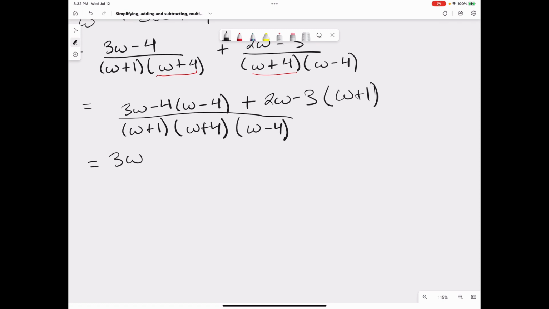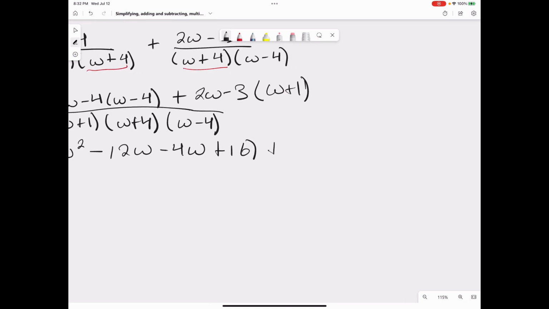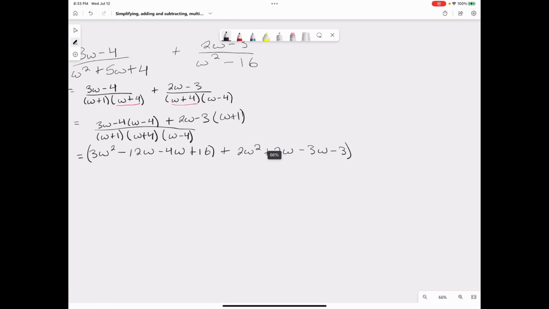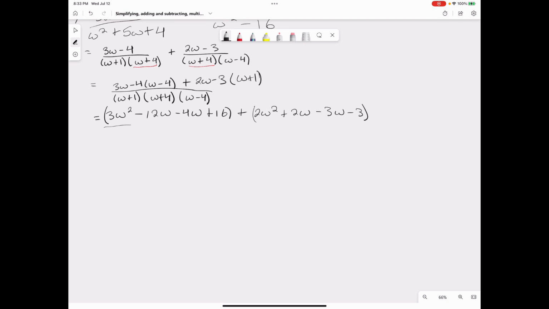So 3w, just going to put it in brackets, 3w squared minus 12w minus 4w plus 16, plus 2w squared plus 2w minus 3w minus 3, all over w plus 4, w plus 1, and w minus 4.